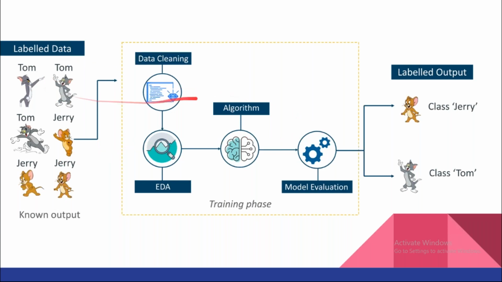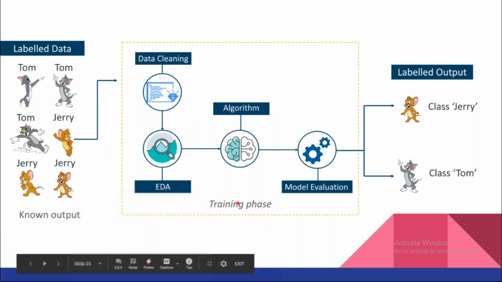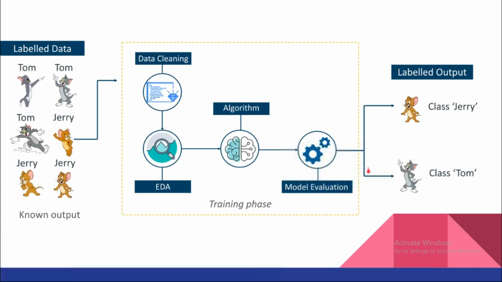In the model evaluation phase, it will say no, it's not Jerry. Okay, I need to go back again and make the next prediction. Then again it might make some other prediction, and then there will be error. It will calculate that error, try to fix that error, and once it comes up with a better accuracy, then I will have a model.